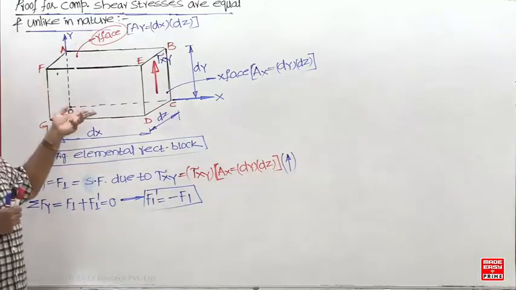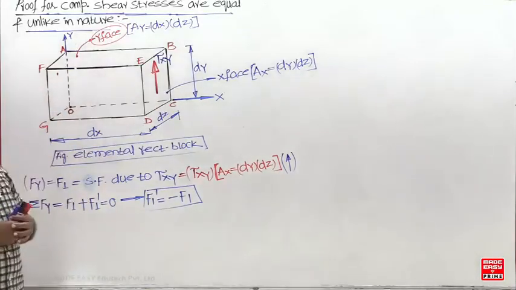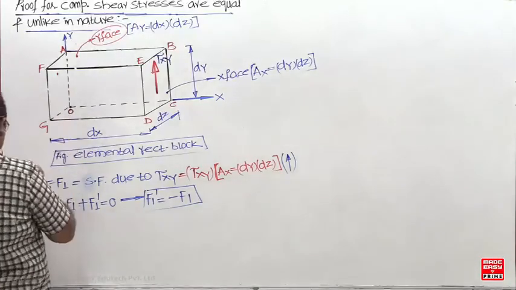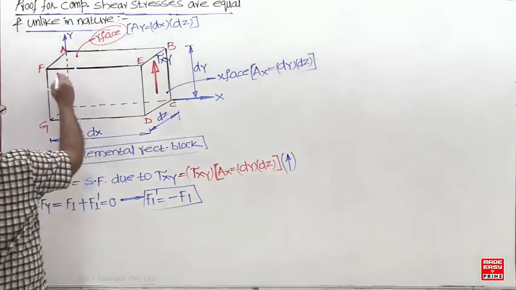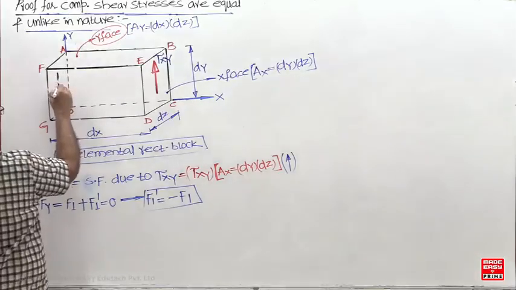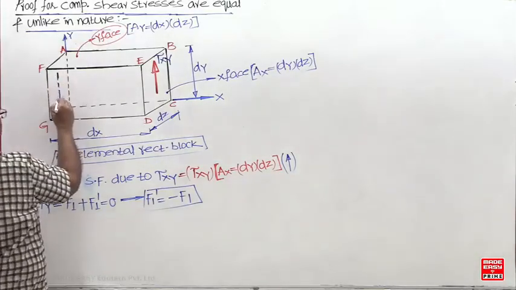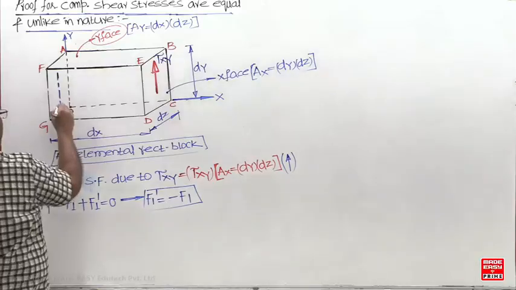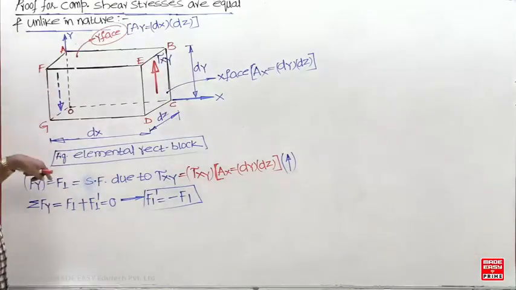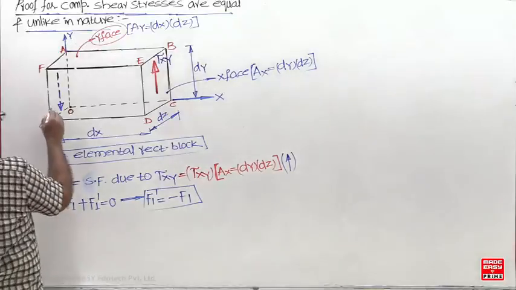When the areas are the same, the force should be the same, so the stress should be the same. So here you are going to get tau xy.